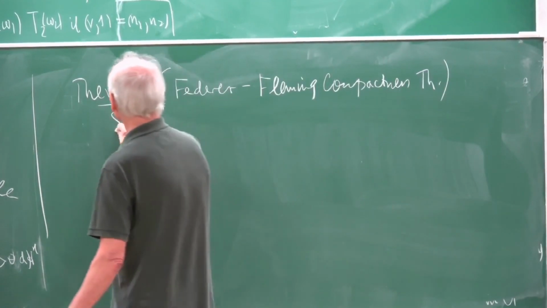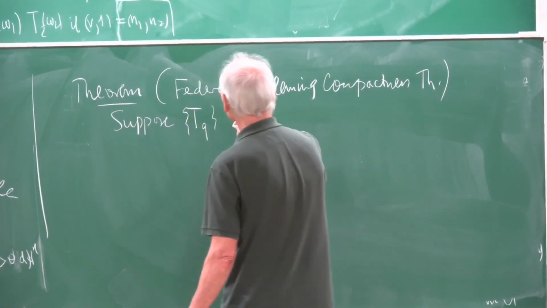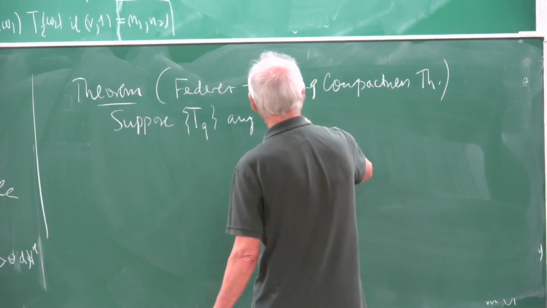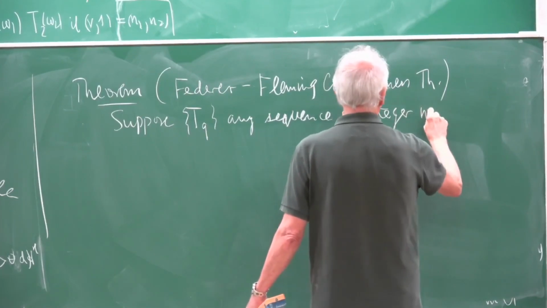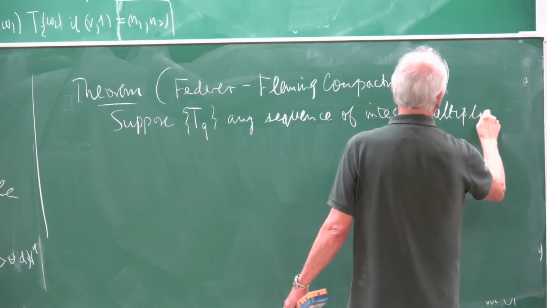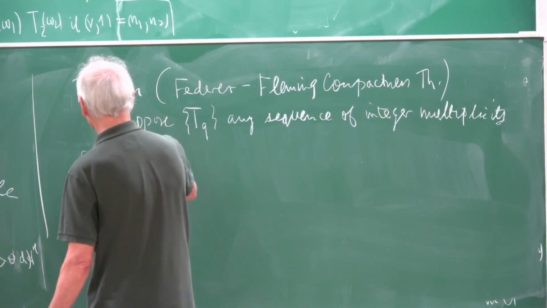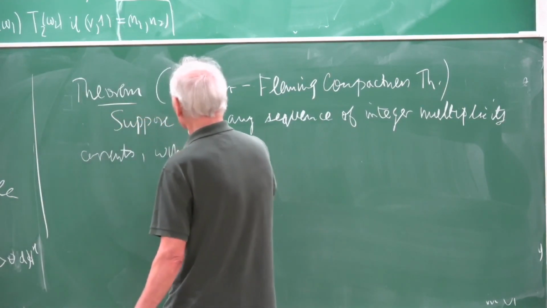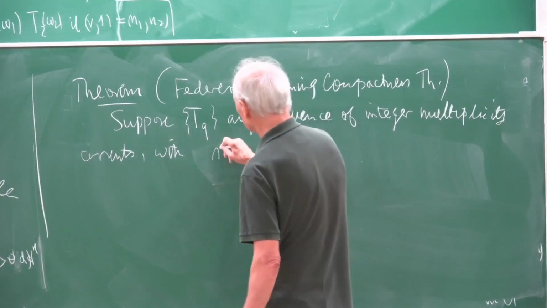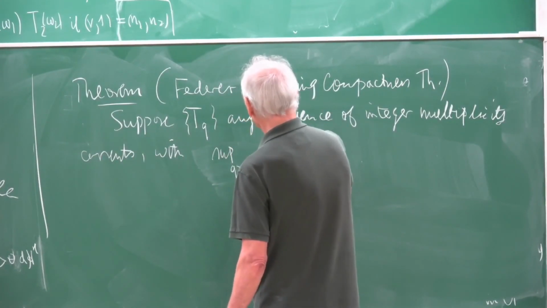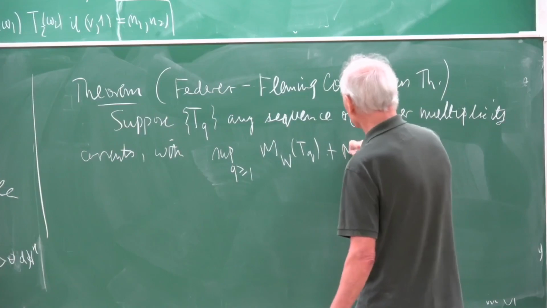So suppose T_Q is any sequence of integer multiplicity rectifiable currents with the sup over all Q of the mass in W of T_Q plus the mass of the boundaries finite.